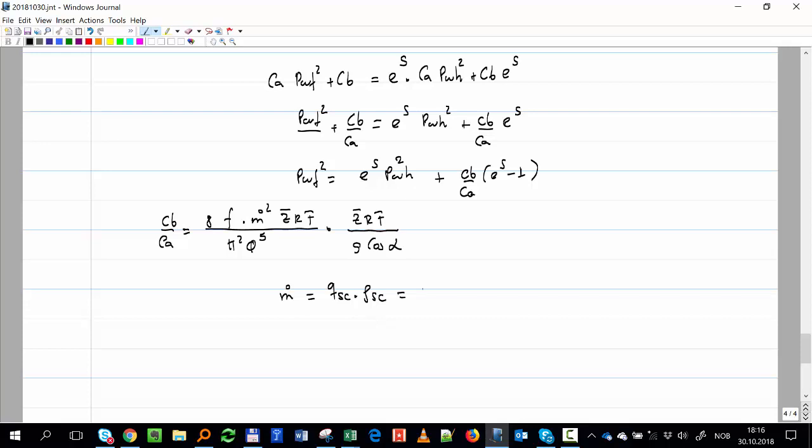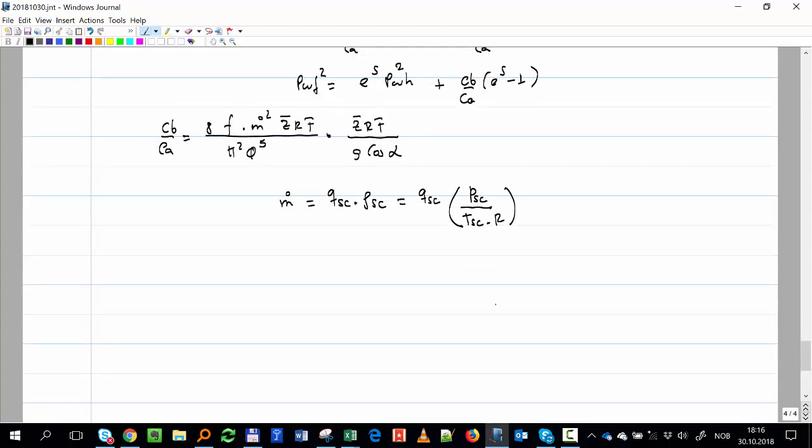And the density at standard conditions I can express as P standard conditions divided by T standard conditions times R. Yes? Okay, so then I substitute that in this expression. I end up, so that's the last expression I'm going to write.